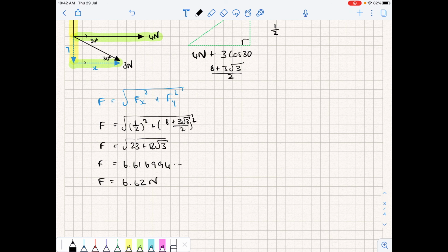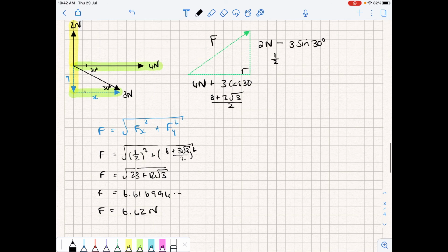I also want to find the angle. I want to find this angle here above the positive x-axis. That's the tan ratio of the two sides. So tan theta is equal to my opposite, which is my vertical component, over my horizontal component. Let's put our values in. Tan theta is equal to a half over 8 plus 3 square root 3 over 2.